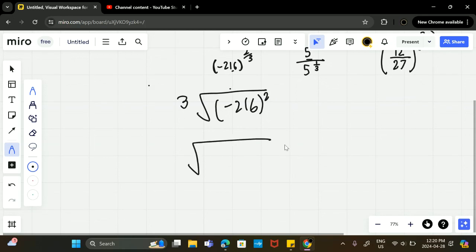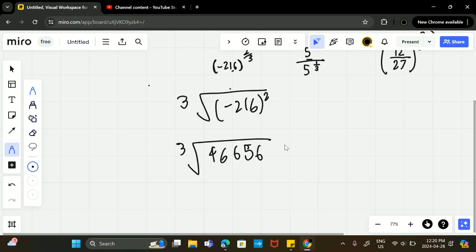So, I'm just going to do the square of this on my calculator. So bracket negative 216 close bracket, squared. Basically put in the brackets first and then the square. So you get 46656, and take the cube root of that.